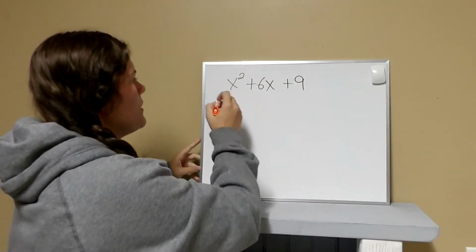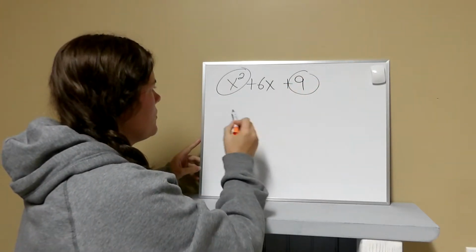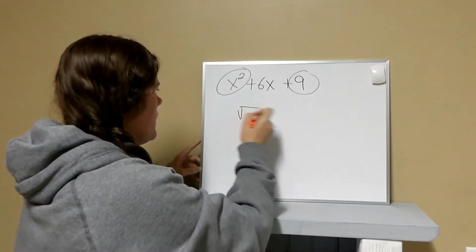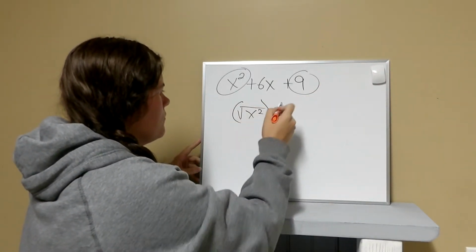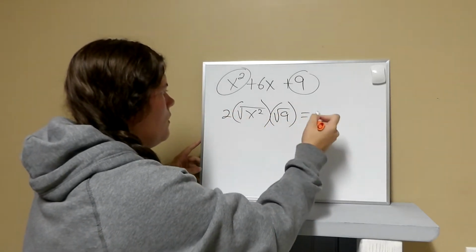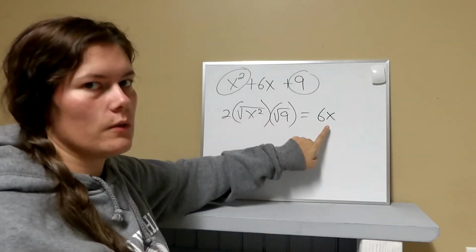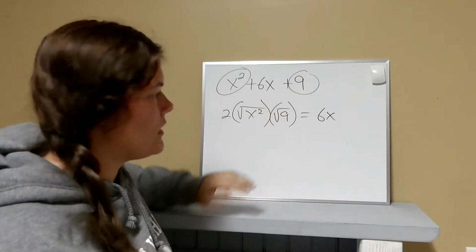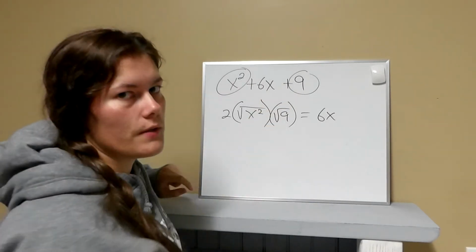So you have your first term, your second term, and then your third term. So then you would have x squared, 9. So 2 times both of these numbers will equal 6. So here you're doing a square root of each of these, solving it, then you're going to multiply it, and it should equal out to be the same.